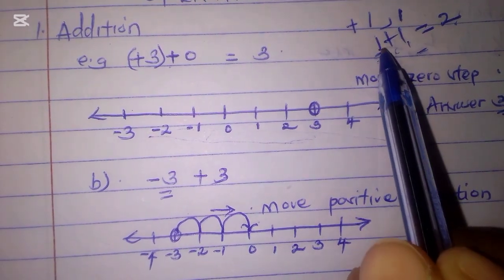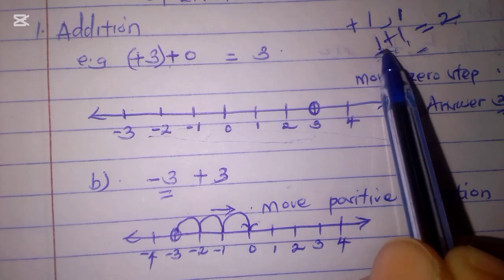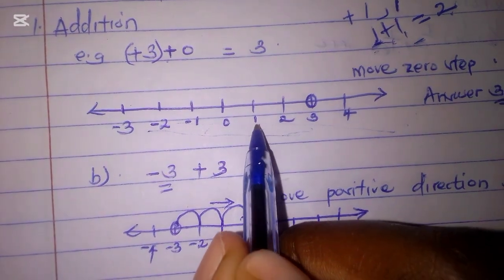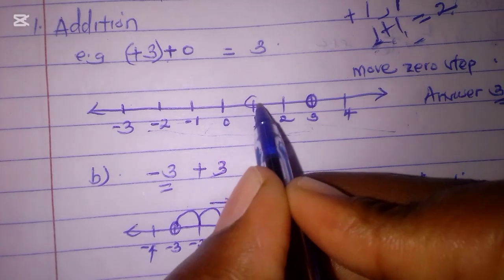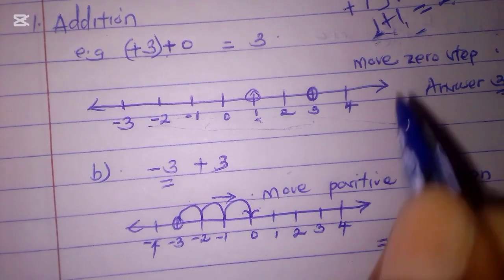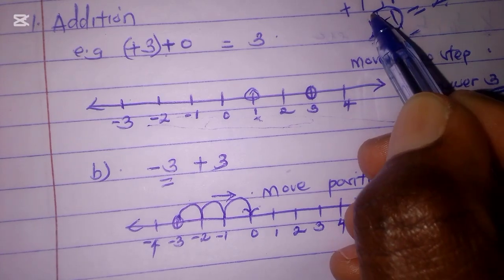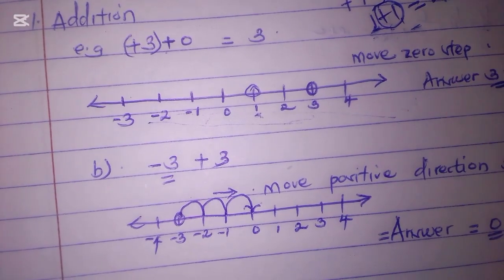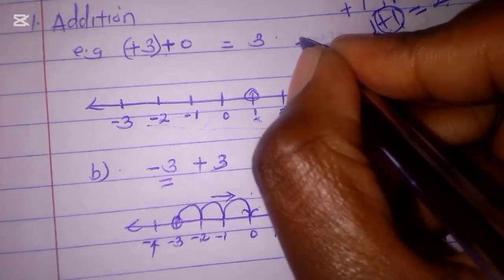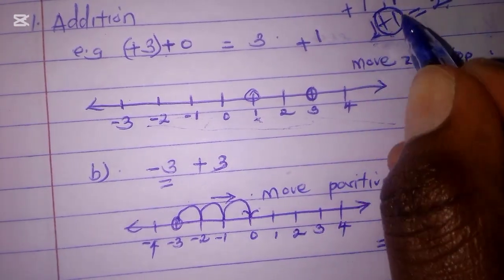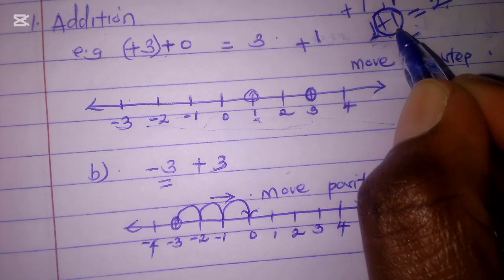So first of all, ask yourself, which digit are we finding first? It is 1. You come to your number line, identify where 1 is. This is our 1, right? So we're supposed to add 1. For a positive number, it is always the sign, then the number. So positive 1 means a positive integer.